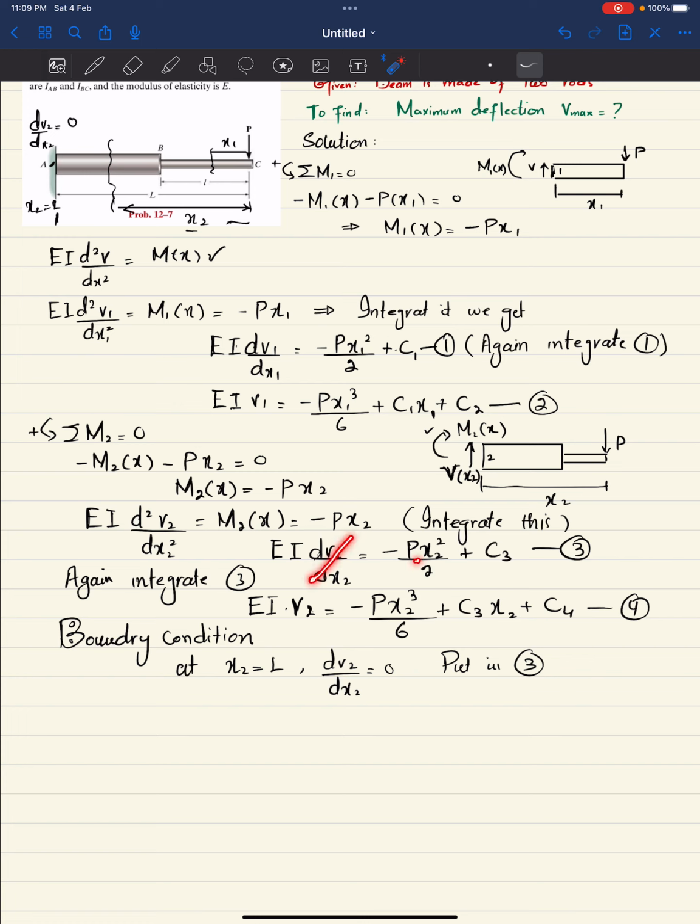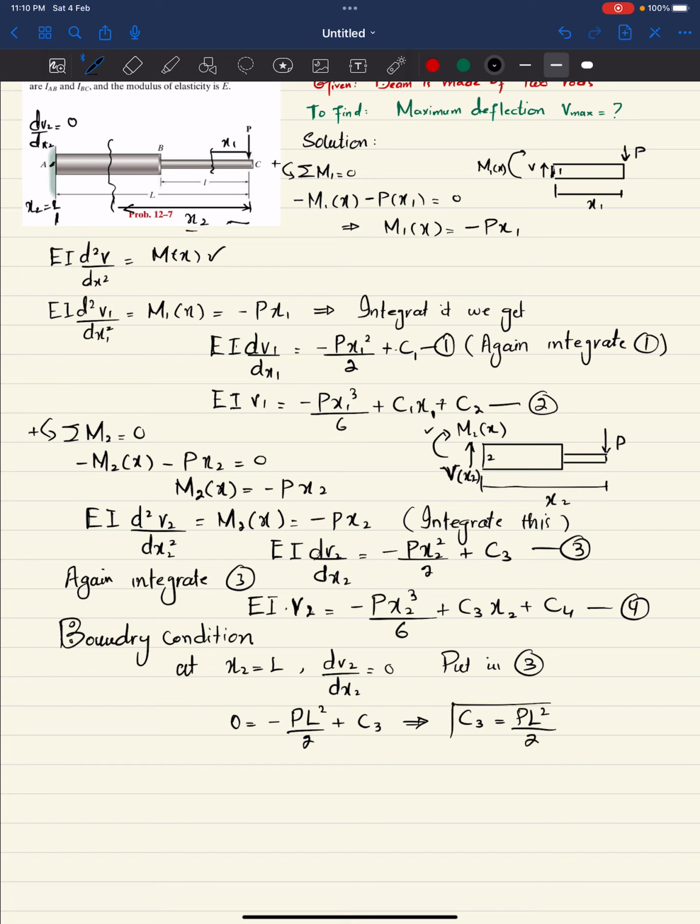So it will be equal to minus PL square over 2 plus C is equal to 0. So I will write it: 0 is equal to minus PL square over 2 plus C3. From here we will get C3 is equal to PL square over 2.